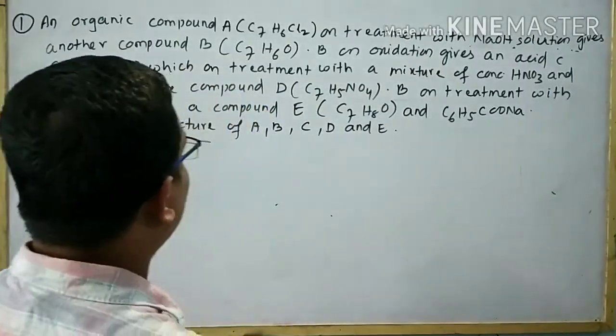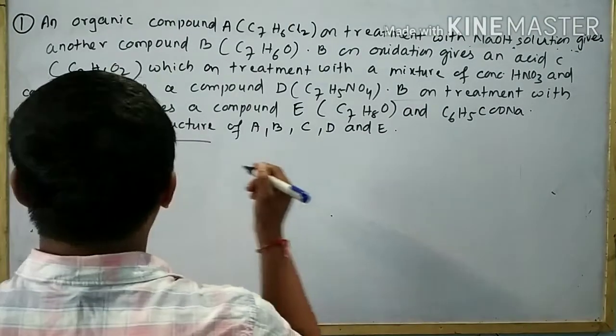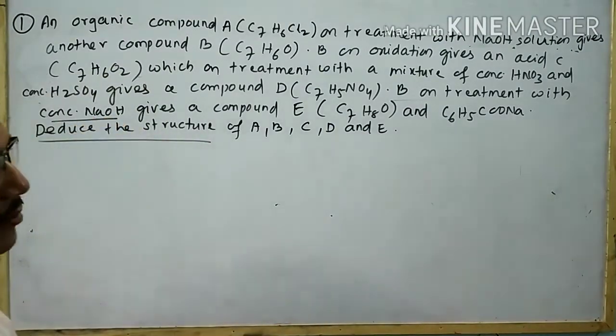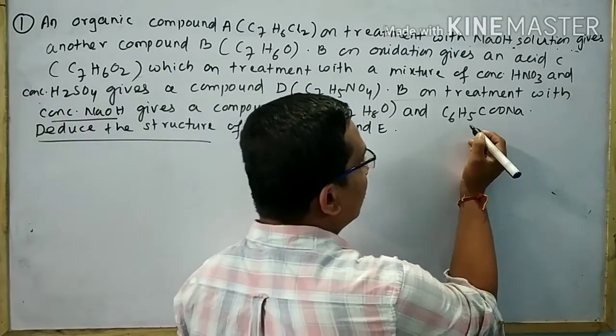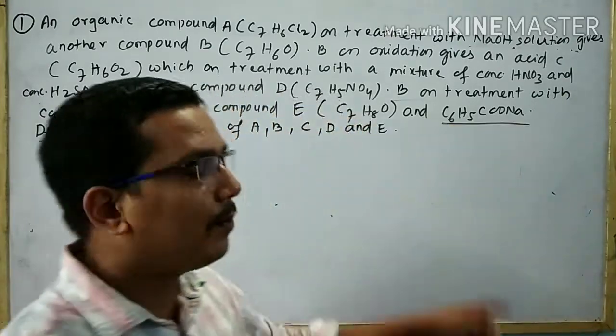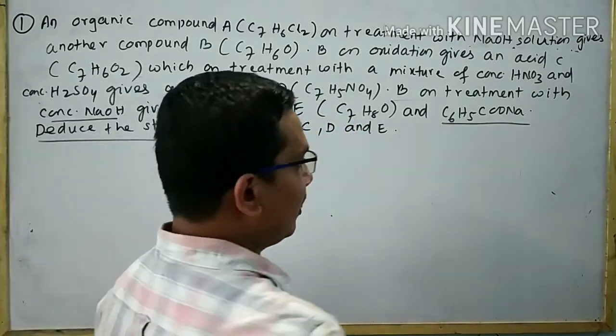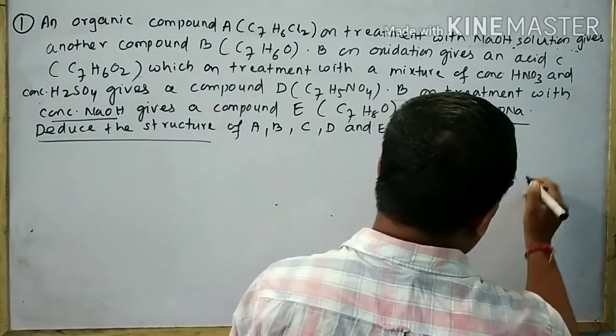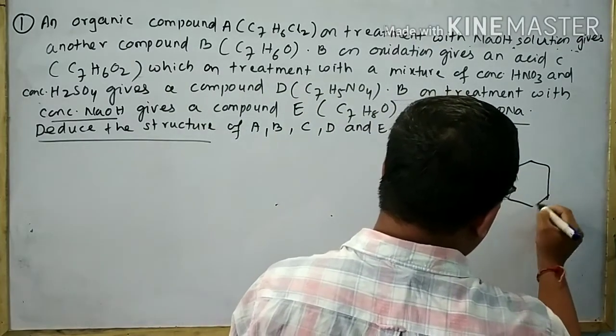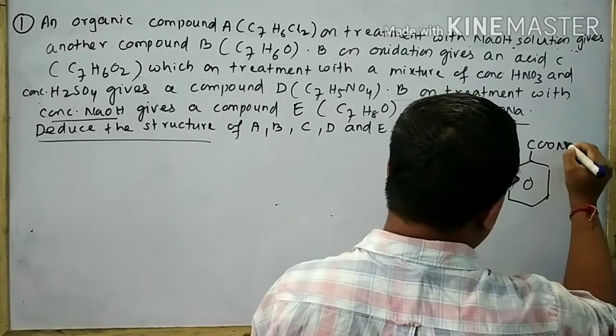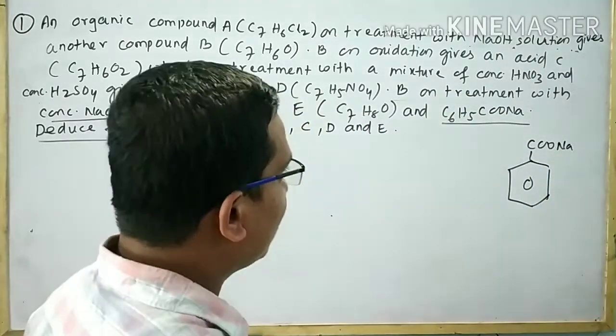In this question, look at that. Here, concentrated NaOH is given and a salt of carboxylic acid, that is sodium benzoate, is given. At first, I will draw the structure of sodium benzoate. This is the structure of sodium benzoate.